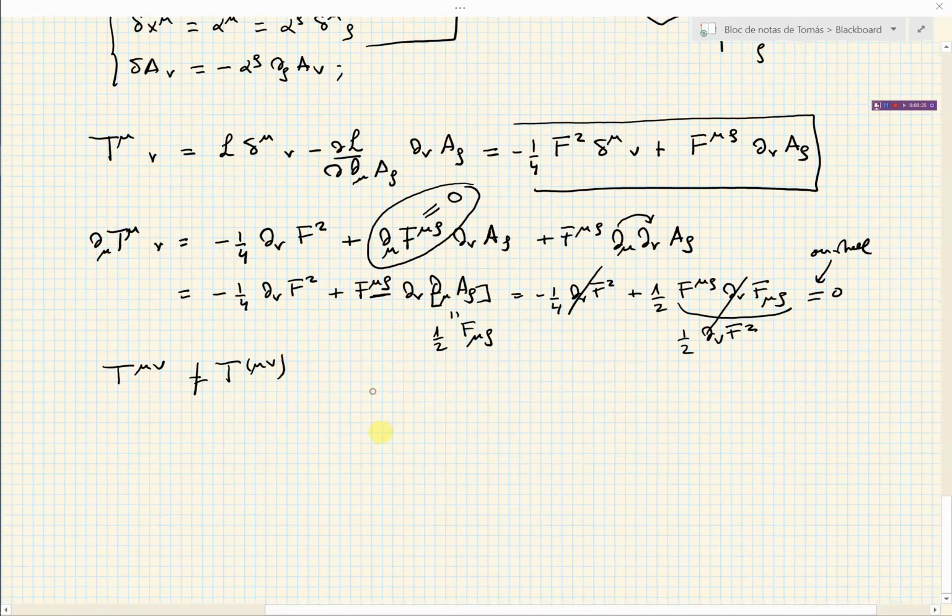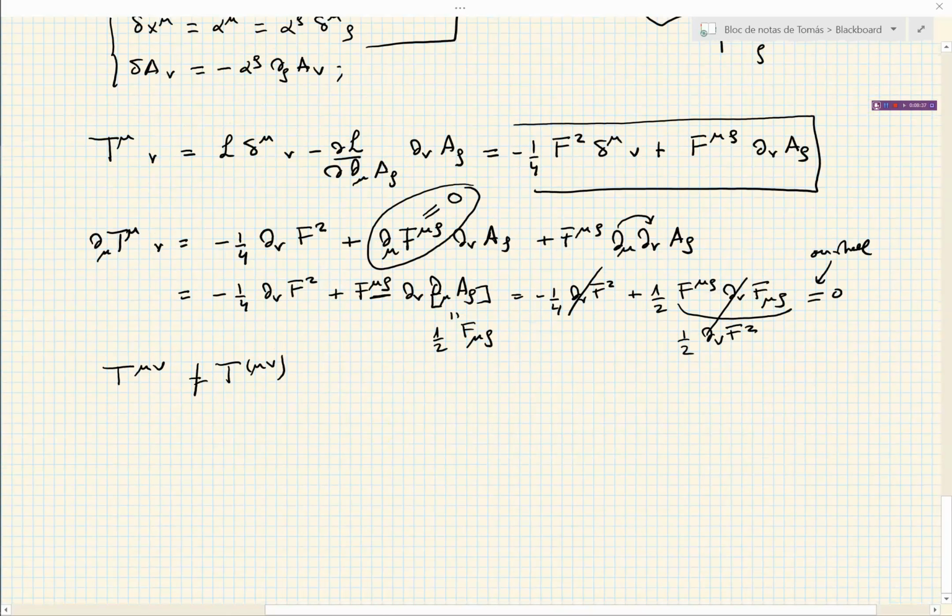A more immediate problem is that this T mu nu does not depend only on F. It contains this partial derivative of nu with respect to nu of A rho, but this is not F nu rho. There is a term missing here for this to be F nu rho.